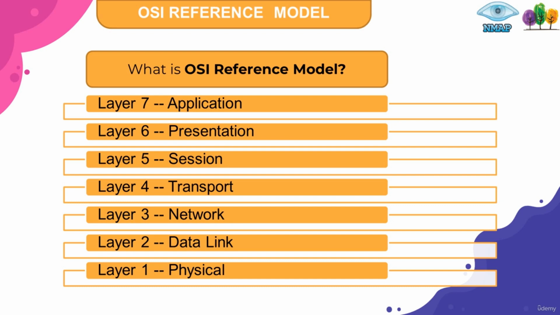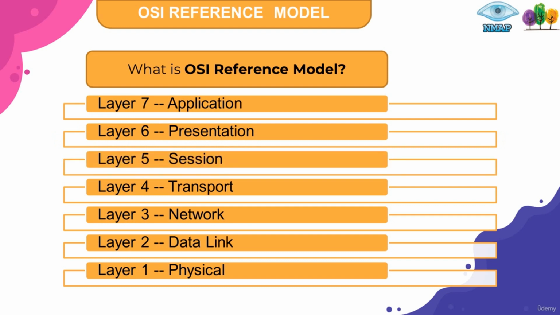That way, devices manufactured by different companies with the OSI standard will be able to communicate using the same protocols. Now, the OSI model consists of 7 different layers. And here they are. Layer 7, application. Layer 6, presentation.